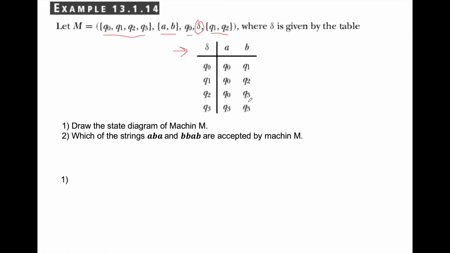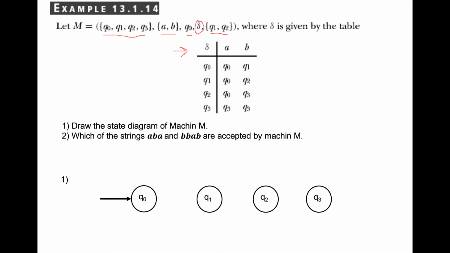So to draw the state diagram, first of all, we need to represent each state with a circle and its name. Then we go for the initial state, which is Q0, and the final states, which are Q1 and Q2. Now let's move to what the machine will do when those inputs go into a state.